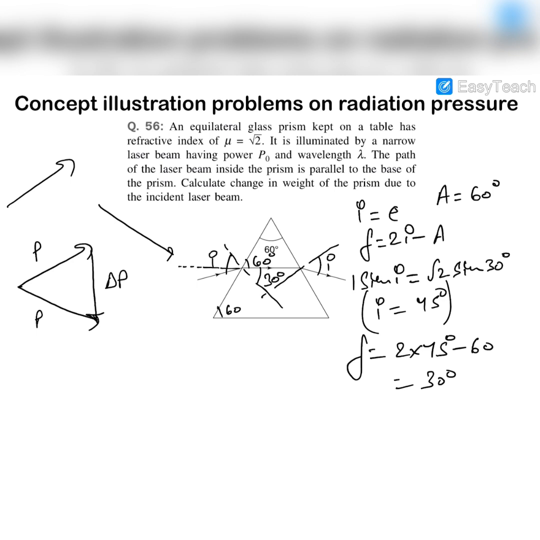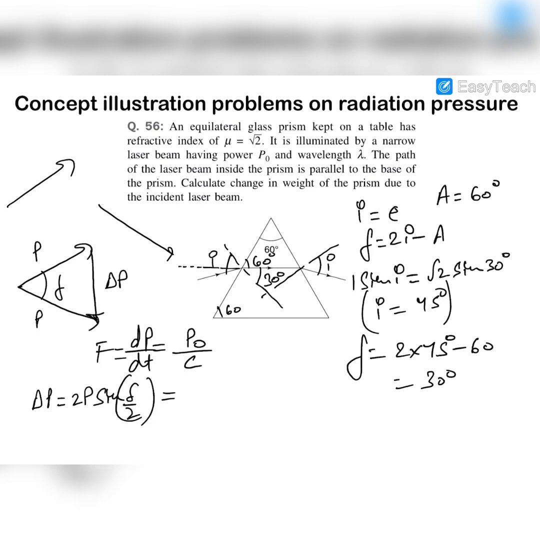Now we see that the momentum carried by the beam per second, dp by dt, is F, let's suppose, and this F is equal to power P naught by c. We know this formula that F is power P naught by c. So delta p can be written as 2p sine of this angle, which is deviation delta by 2.